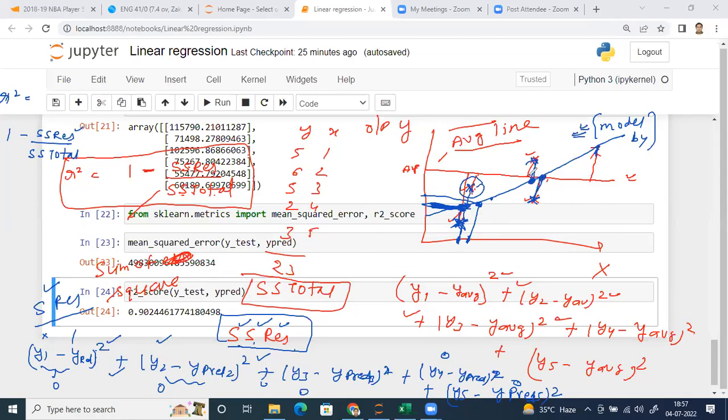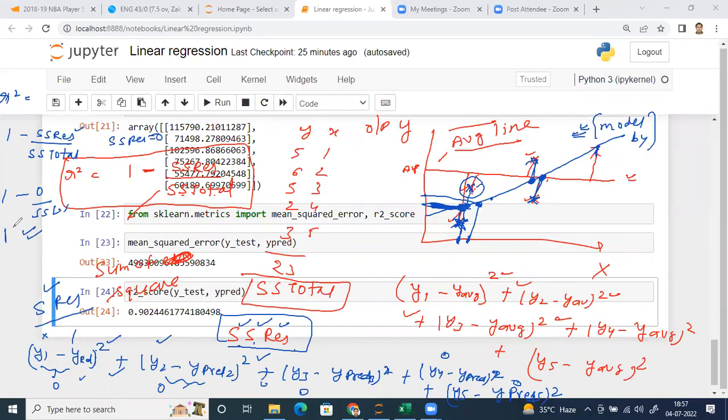That means the sum of residuals, the error, is 0. When error is 0, SS residual will be 0. So 1 minus 0 upon something will be 1. So this is the perfect value. Clear?